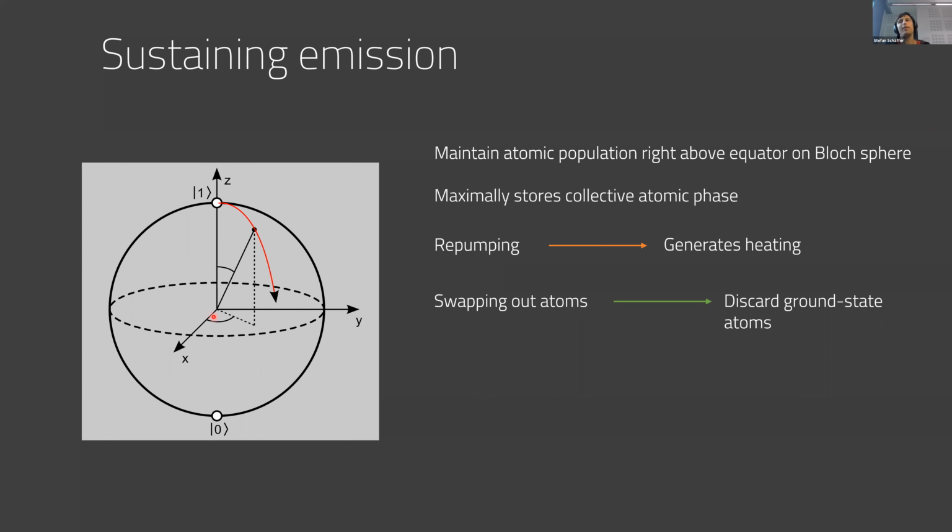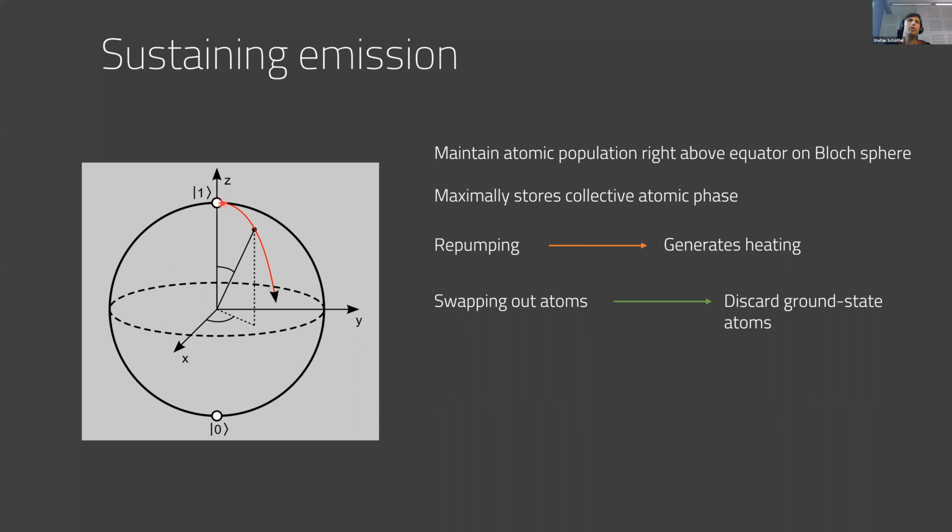The cavity means that if atoms decay into the cavity mode, it's very hard, or impossible, for us to distinguish which atom actually emitted that one photon. And so we can view them as effectively one large dipole.